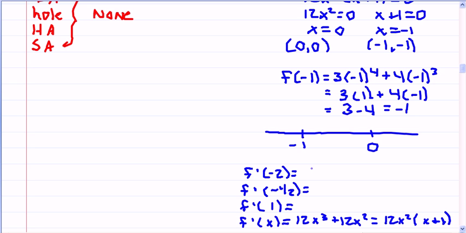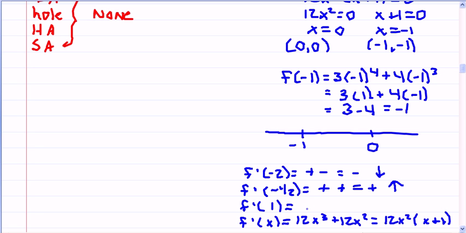So if you take -2 and substitute it into each group, you have a positive times a negative, which is negative, so it will be decreasing. Then when you take -1/2, it will be a positive times a positive, which is positive, so the graph will be increasing.